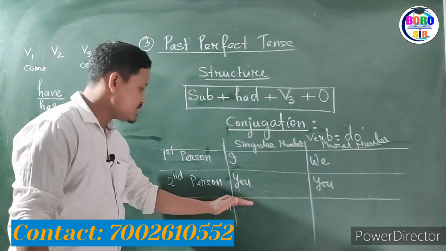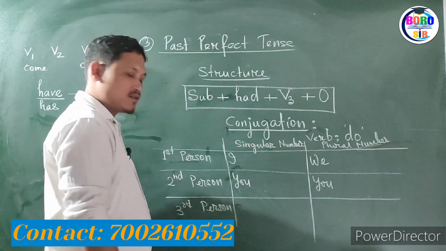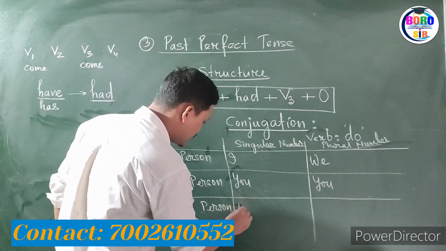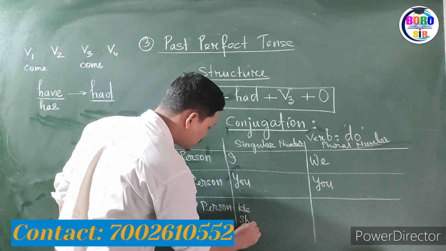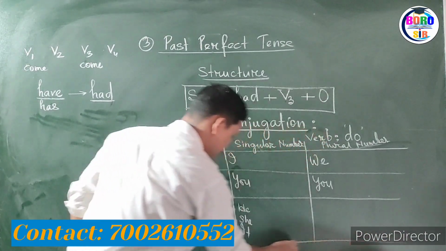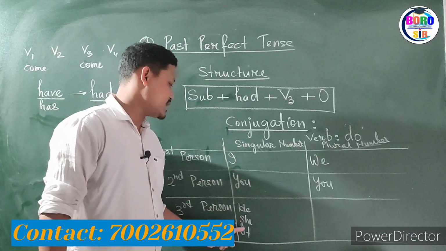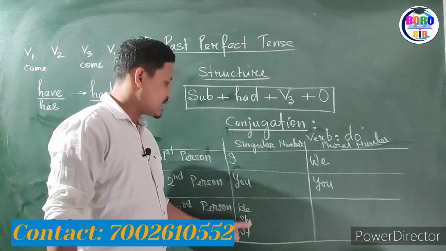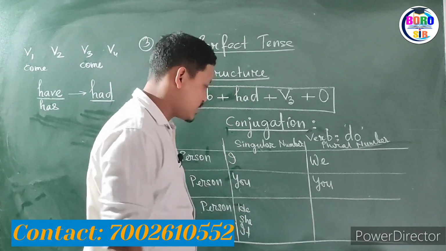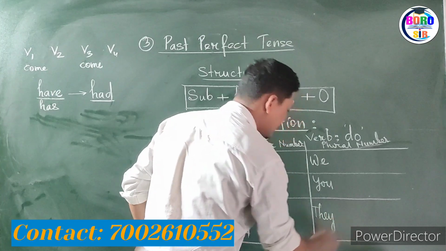Now we have three subjects in third person singular number. What is the first one? He, she, it. Very good. So these are the third person singular, and they are collectively called the plural here. So the plural will be they.